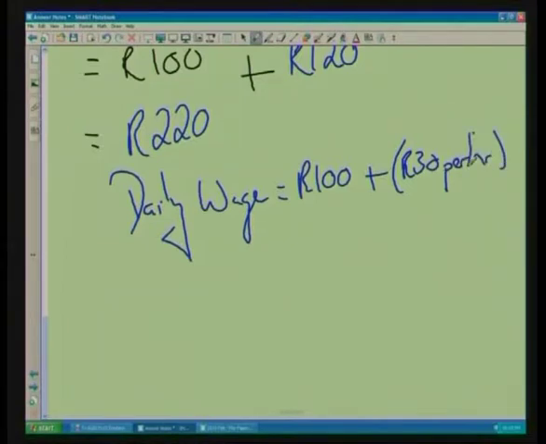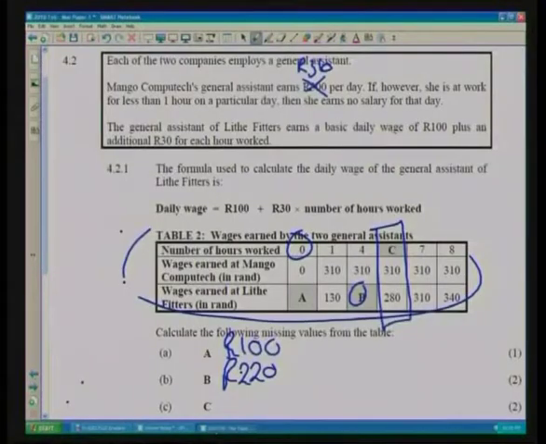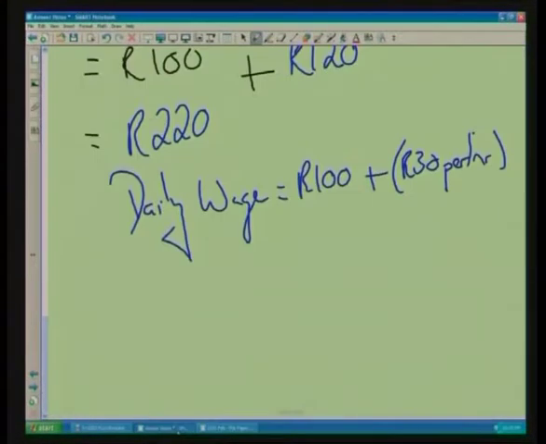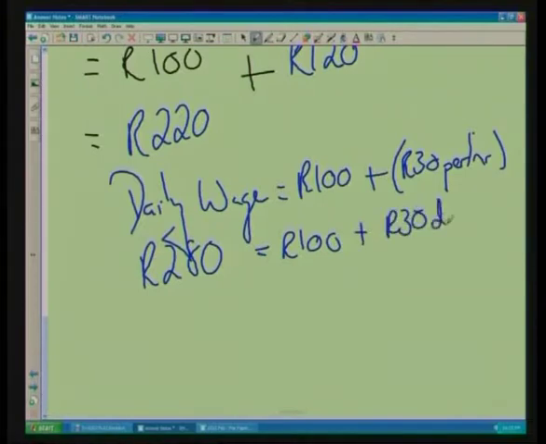According to our question, you are earning 280 Rand. So if I'm earning 280 Rand, that is my daily wage, which equals 100 plus 30 Rand per day. I'm just going to say 30D.